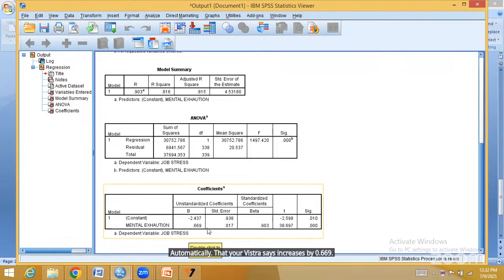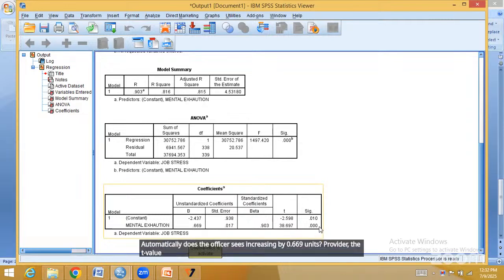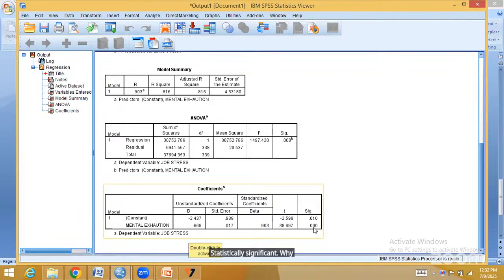So there is a positive relationship between mental exhaustion and job stress, provided the t-value is statistically significant, and here the t-value is statistically significant. Why? Because the p-value is less than 0.05 in this case.